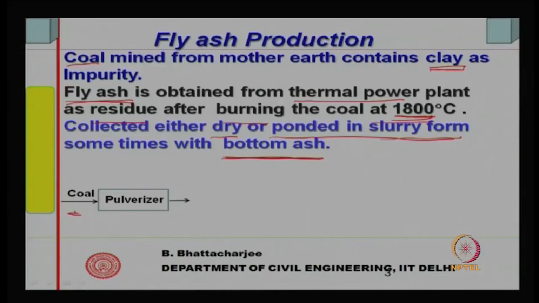The coal is pulverized, or made into fine powder, and then combustion occurs in the furnaces. From the combustion, the flue gases go through the chimney, and this goes through what are called electrostatic precipitators. Fly ash, being a fine particle, would otherwise have gone to the atmosphere, but it is generally considered a hazard from the environmental and health point of view.